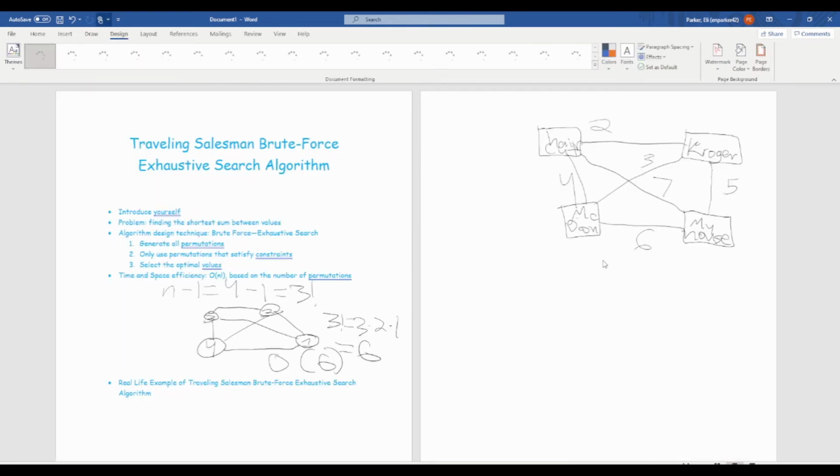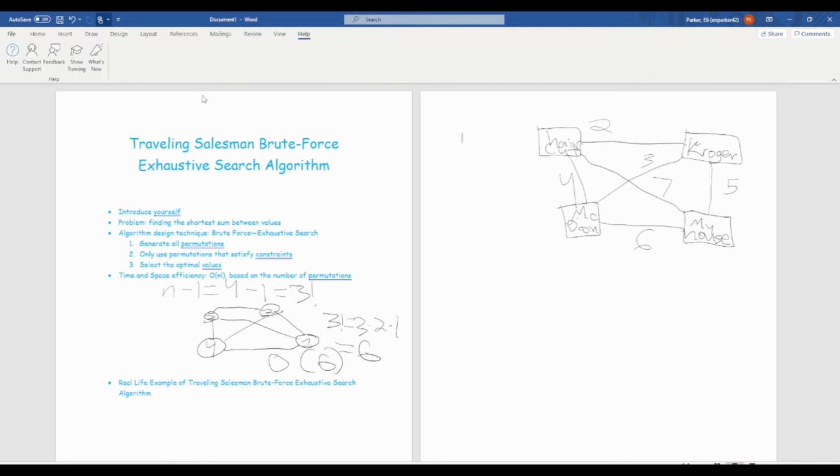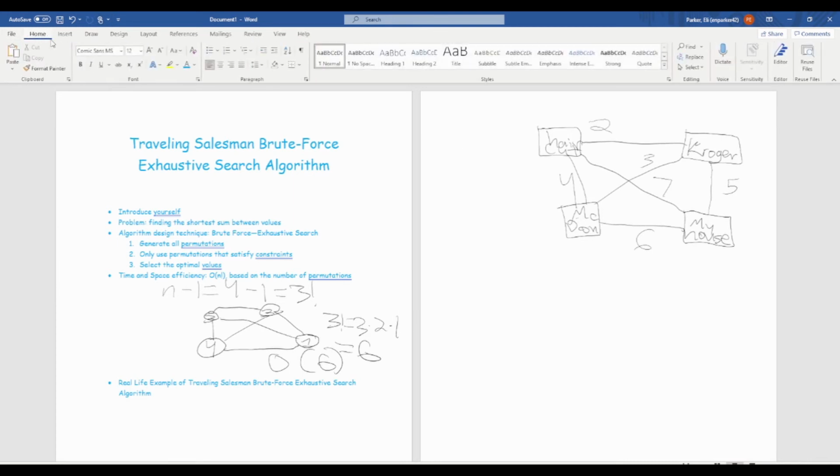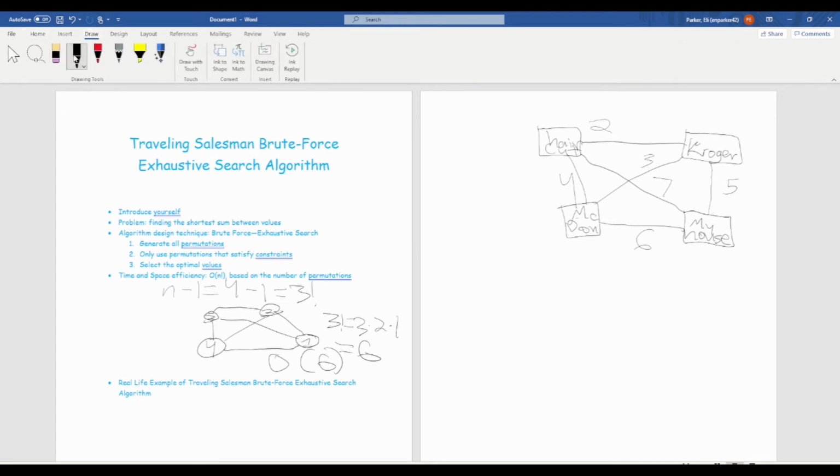Here, your factorial is going to be the same as the previous example. You do n minus 1, which is 4 minus 1, and then you factorial that, so 3 factorial, which equals 6 because 3 times 2 times 1. So we need to lay out all the permutations.